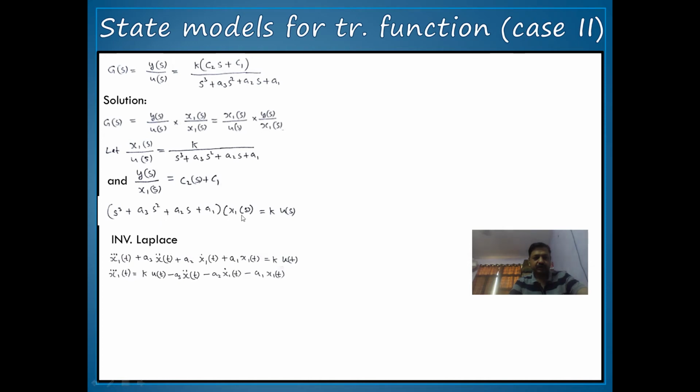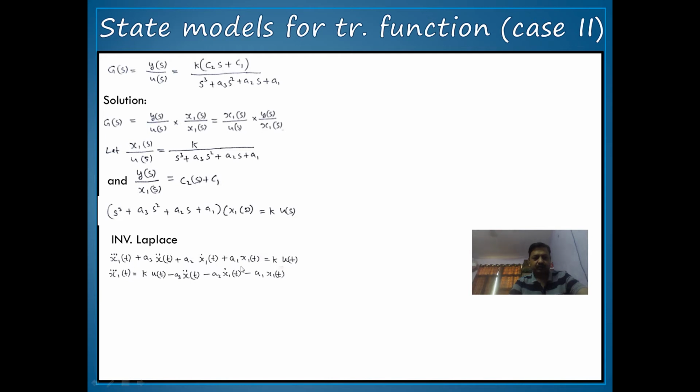s square multiplied by X1(s) can be converted into the second derivative of X1 with respect to time t, and similarly a2 s multiplied by X1(s) can be taken as the first derivative of X1 with respect to time t, and so on.